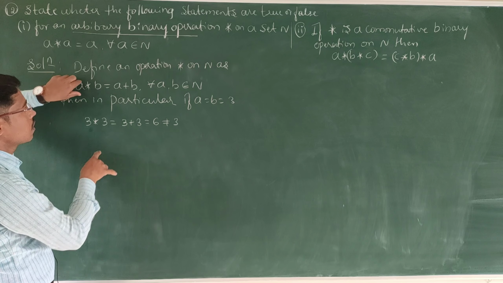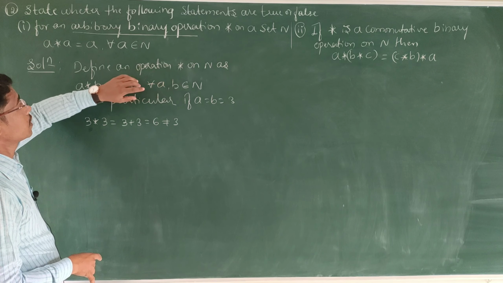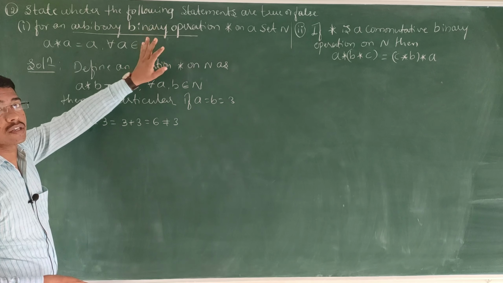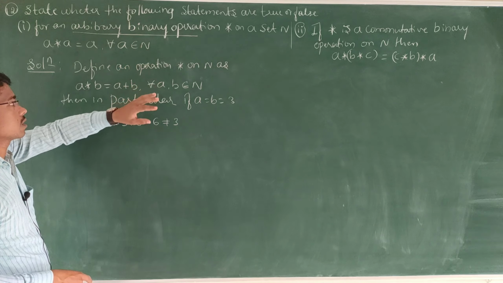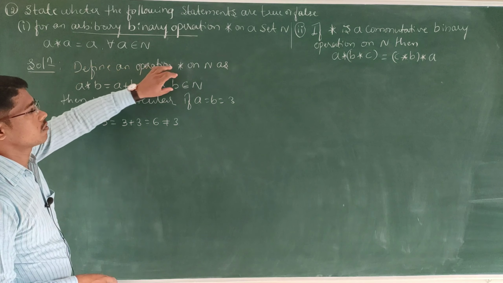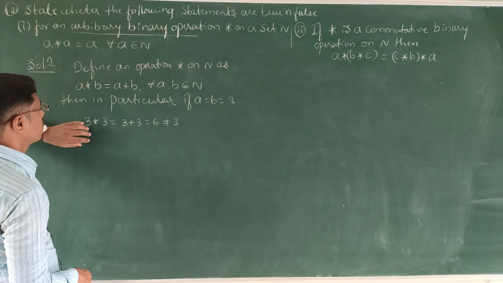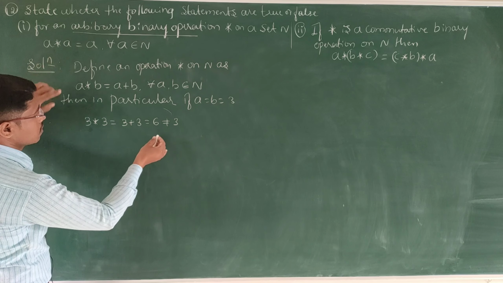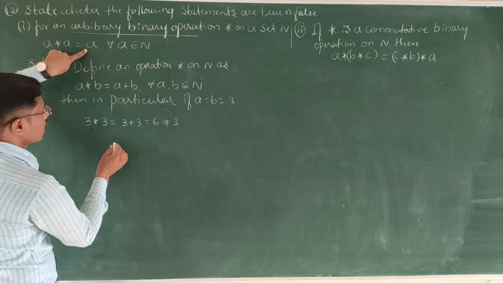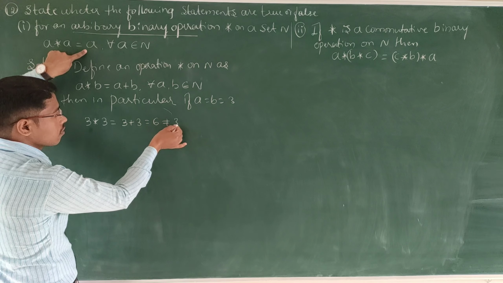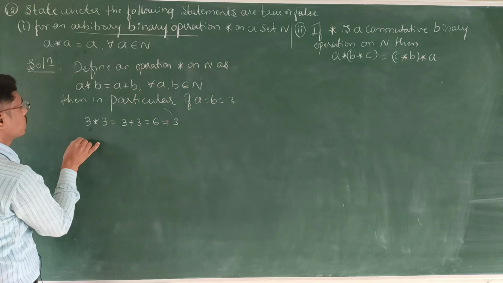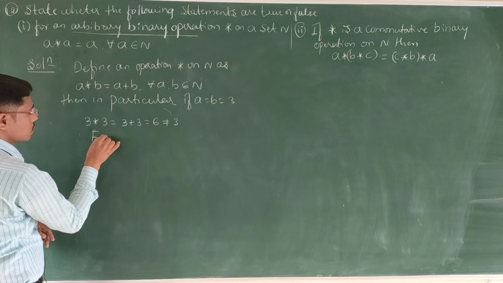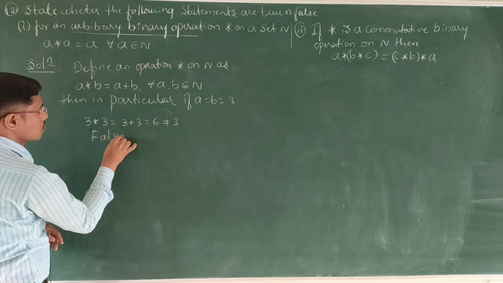This is the operation I have defined, because for any arbitrary operation they mentioned, I take one operation and compare it with this. Since a star a is not equal to a, therefore the given statement is false.